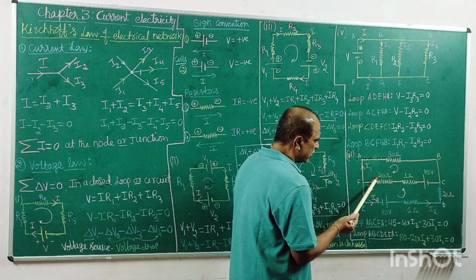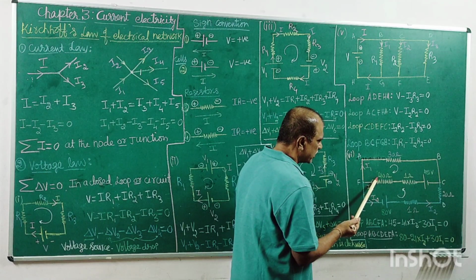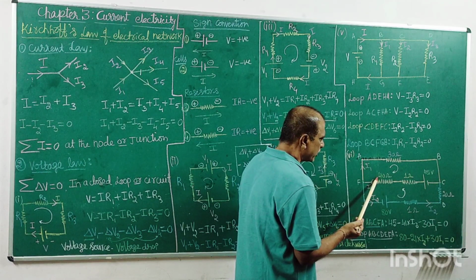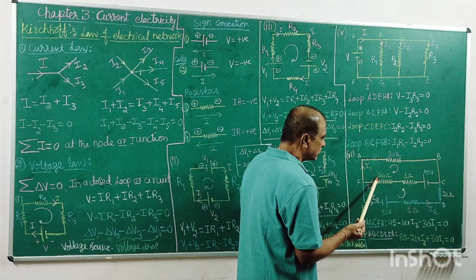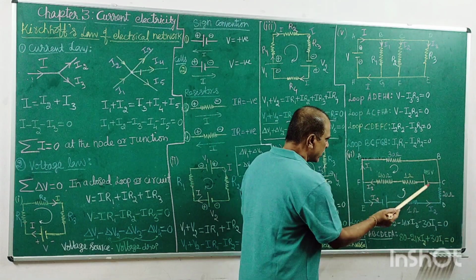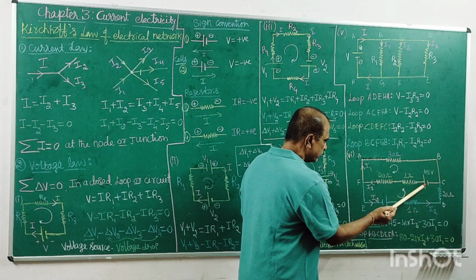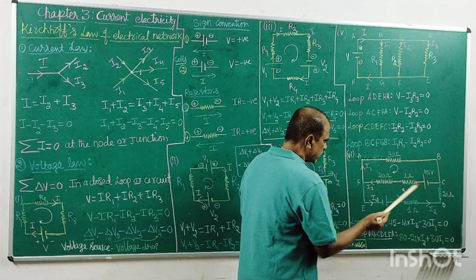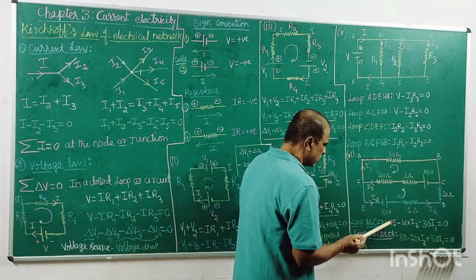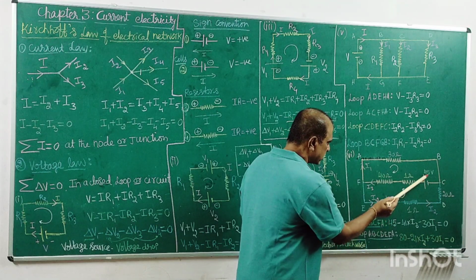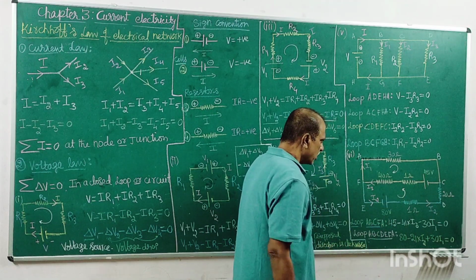For this loop, write the equation, that is, the sum of all the potential changes with sign convention. For this one, the current is like this: cell. Current direction is this. 45 plus, takes plus 45.